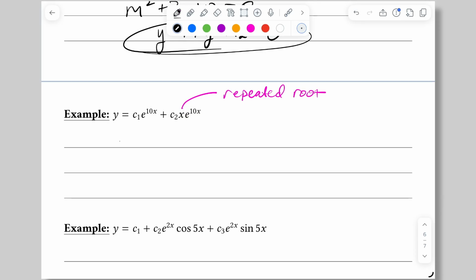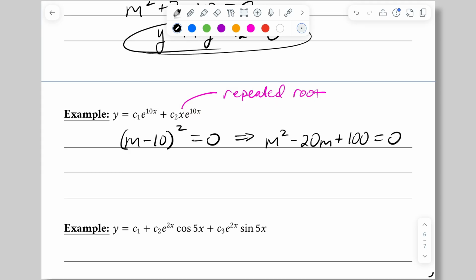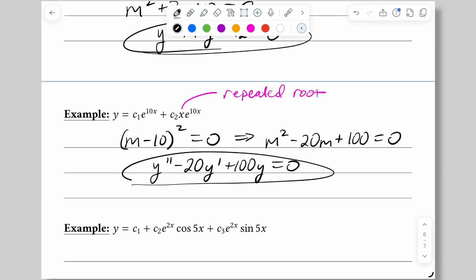Therefore, the auxiliary equation is going to be (m minus 10) squared equals 0, which when expanded gives m squared minus 20m plus 100 equals 0. And the differential equation is y double prime minus 20y prime plus 100y equals 0.